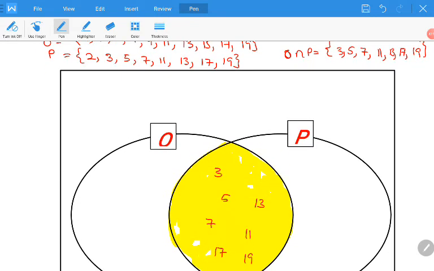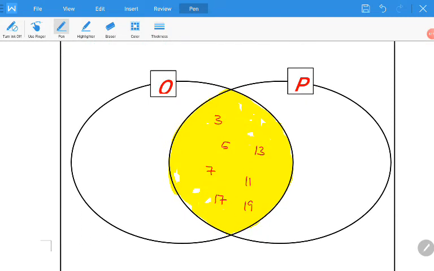So other odd numbers which are left, we have 1. 3 is already here, 5 is already here, 7 is already here, we have 9, 11 is already here, 13 is already here, we have 15, 17 is already here, and 19 is already here.